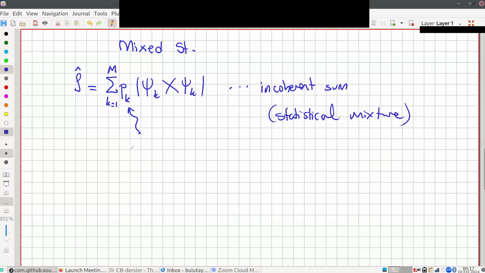So these weights are real numbers, less than 1, and they should add up to 1. So this is like a pie chart. There is, let's say, 10% of this pure state, this much of that pure state. All of them should add up to 1. So this is a statistical mixture.